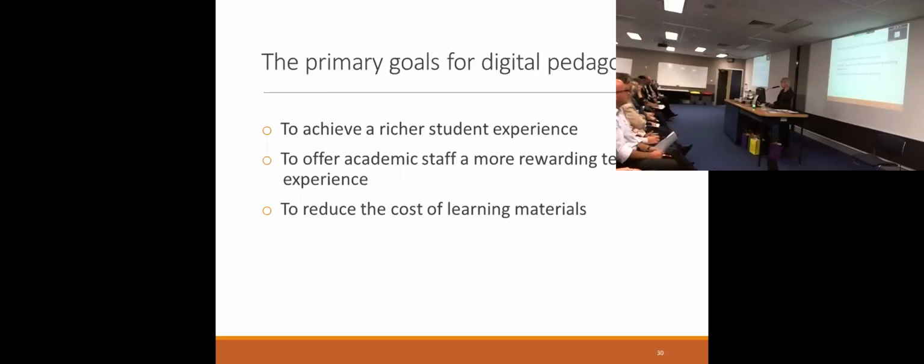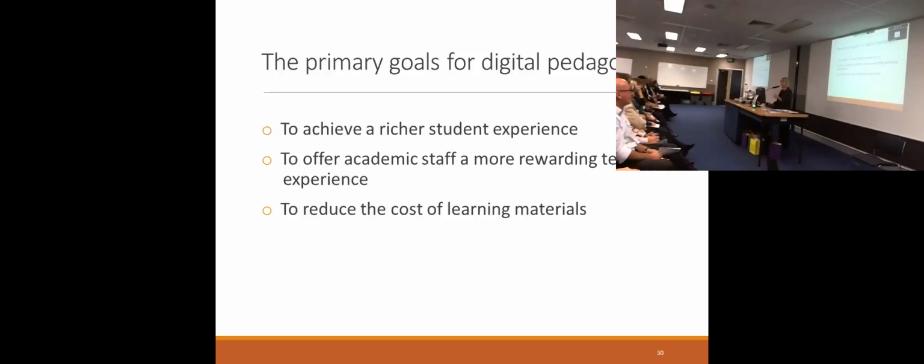But the primary goals, I believe, should be, as it states here, to achieve a richer student experience, to enable students to engage in learning in a different way, to understand their own learning. Also to offer academic staff a more rewarding teaching experience. The challenge for academic staff is the push towards the demand for research output, and teaching can become almost like the second-class citizen.